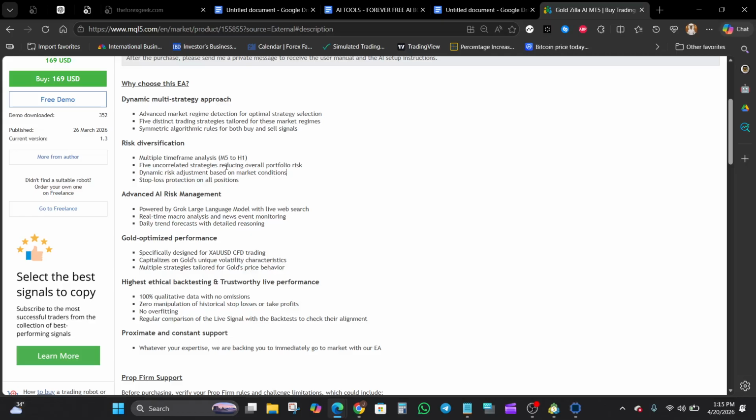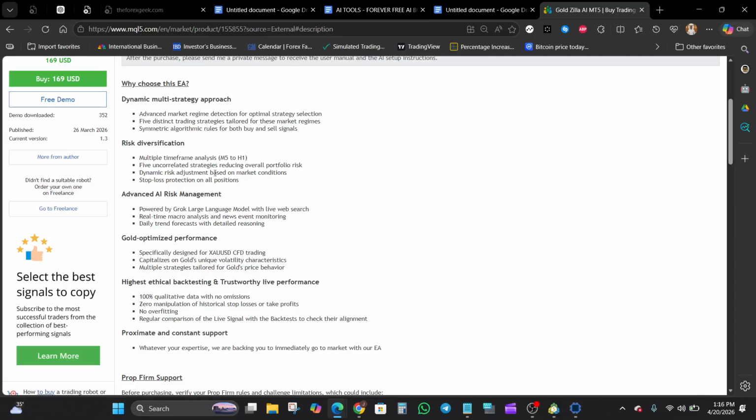According to what is stated here, the essence of that is to help reduce the overall portfolio risk. We also have the stop loss protection on all trades, on all the positions. That's quite good to see. It's not using grid or martingale style recovery.